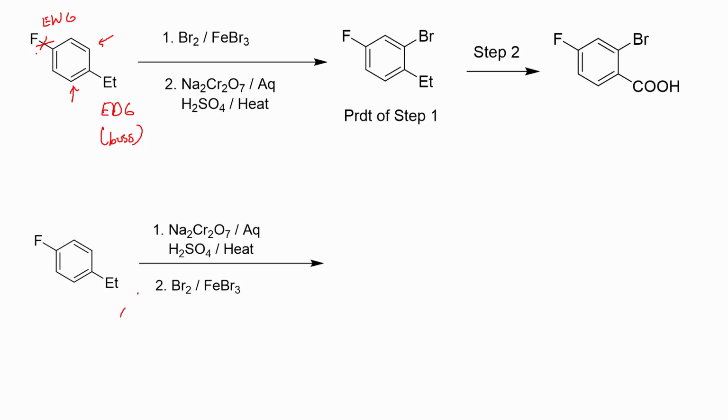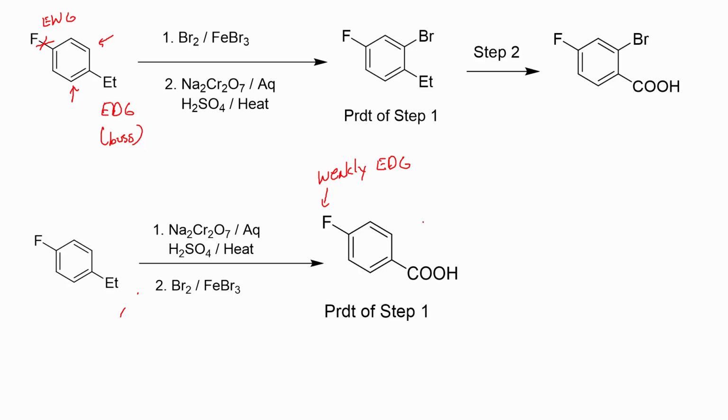In the next reaction, we're going to oxidize it first, okay? And so this is the compound right here where bromine is going to be added, okay? All right, so when we look at this one, this is a weakly electron donating group, and this is an electron withdrawing group, and this is a strongly electron withdrawing group.